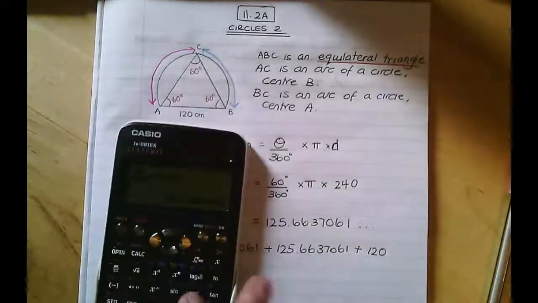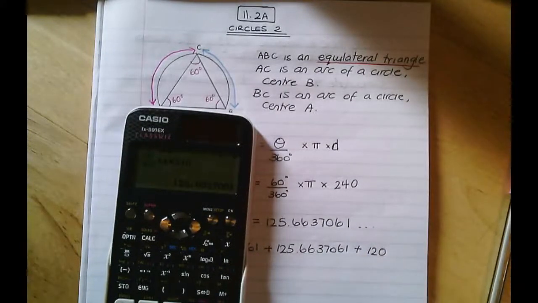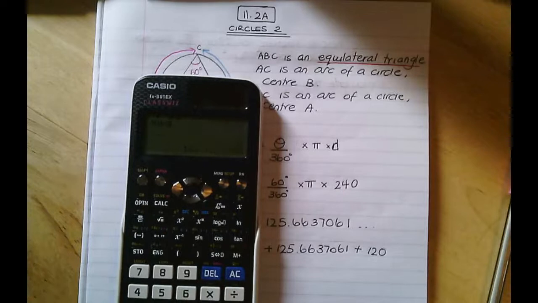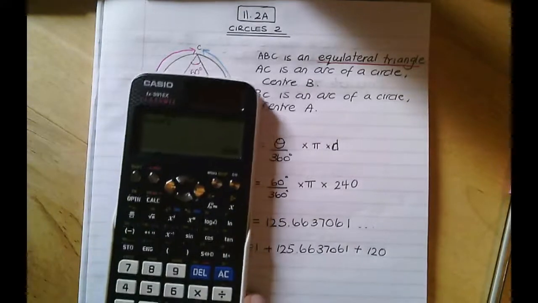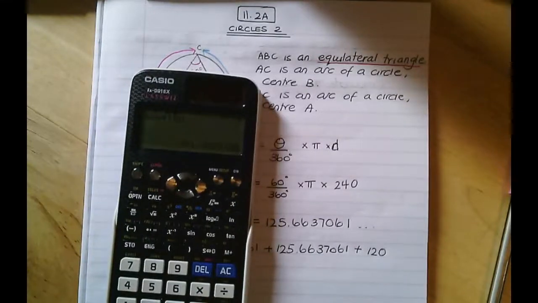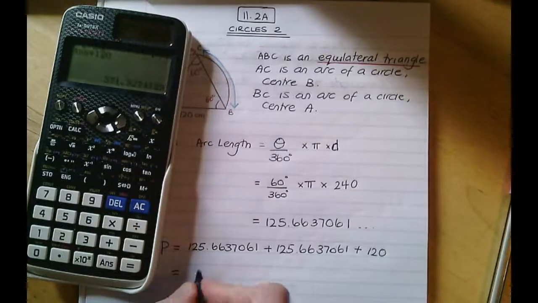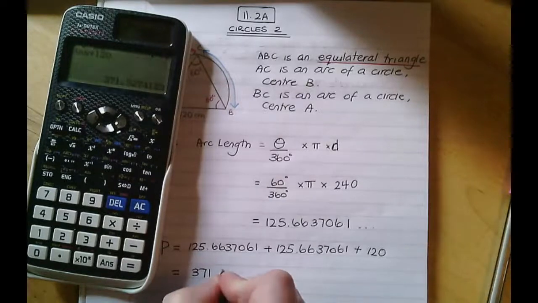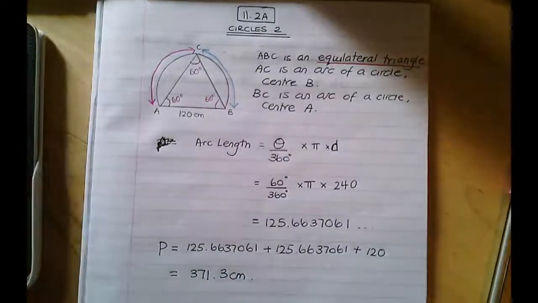Now, notice I haven't cleared this from my calculator. If you have, you might need to type it in again, because I'm going to use that answer. I'm going to times that by 2, that'll give me this bit, and then I'm going to add 120. And that gives me a perimeter of 371.3 centimetres to one decimal place. So I've rounded at that point. I haven't rounded earlier on.